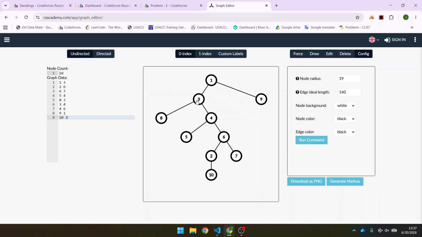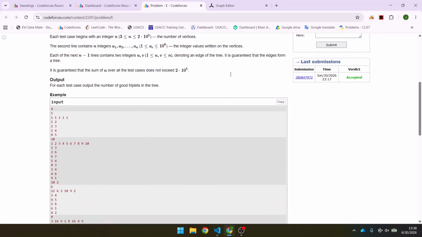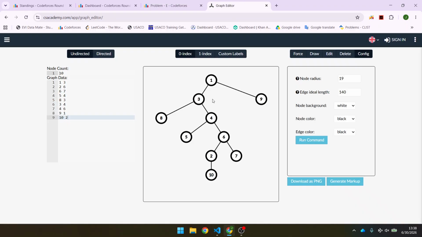So actually, what this means is the value of this node has to be a perfect square in order for D3 to work, in order for the set to be valid. So what I did was I fixed this node, whatever this node would be.